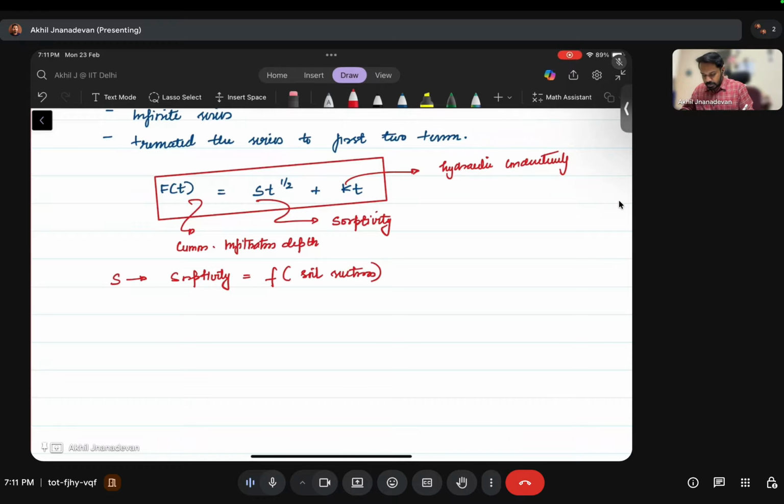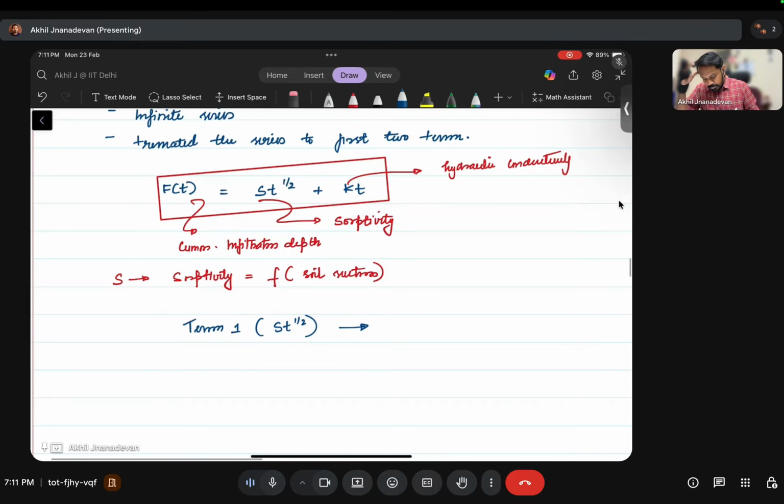So if it is a function of soil suction, then this term, term 1, that is S t raised to half, will represent what type of force? We know the total head is given by the suction head and the datum head, right? So this represents the suction force.